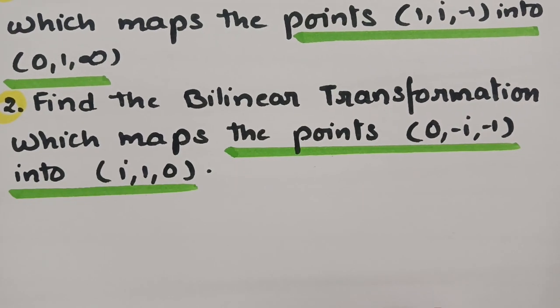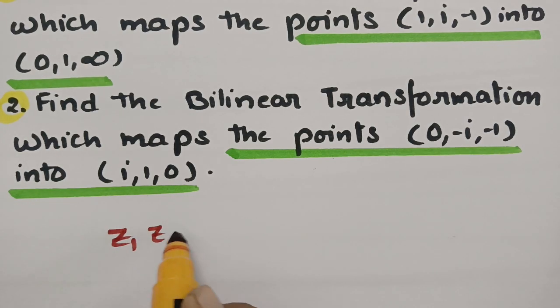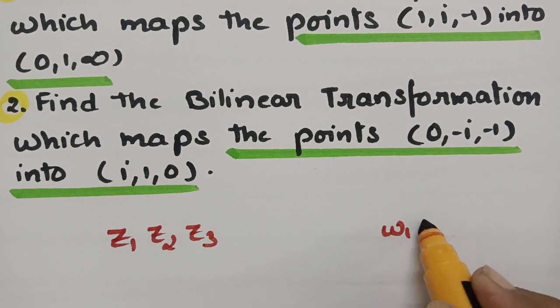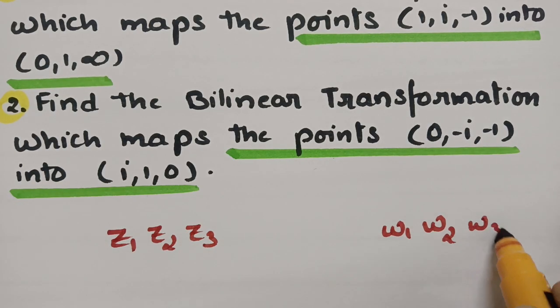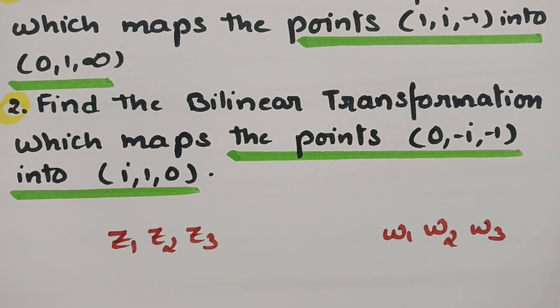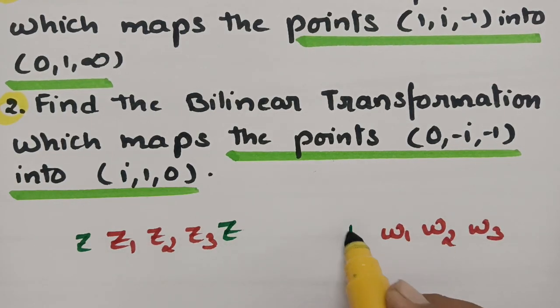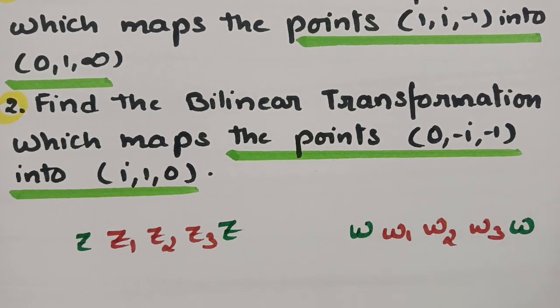So let me show you the formula related to bilinear transformation. First of all, the general points I am considering are Z1, Z2 and Z3, and W1, W2 and W3 are the image points of these general points. I am adding Z on either side, and here also W. So how to remember this formula?